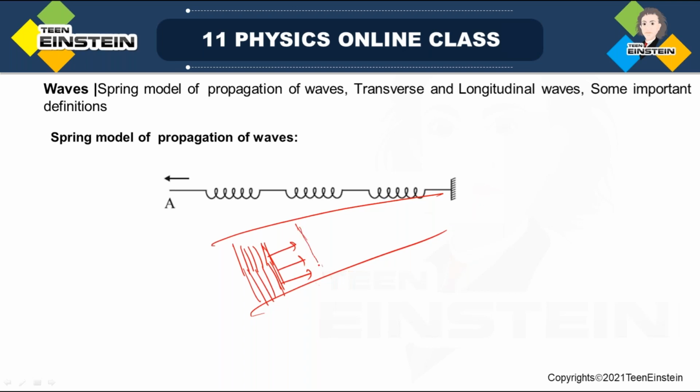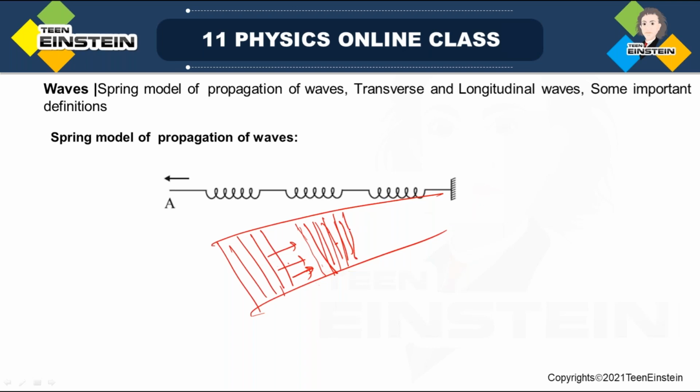Initially, suppose this was a rarefied region, or the density was less, but when these molecules come to this region, they will make this region dense again, whereas they will leave the first region rarefied. So you can see the compression, the disturbance, has moved to here, and here rarefaction happens.